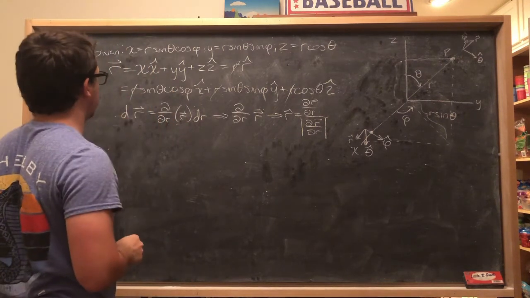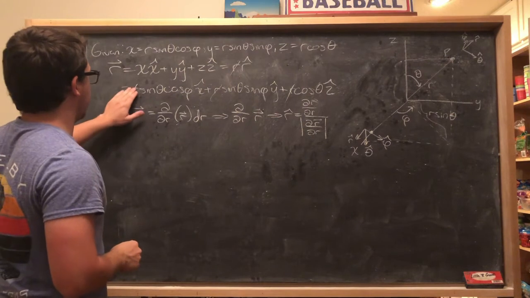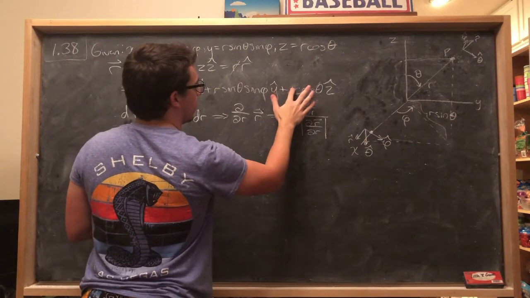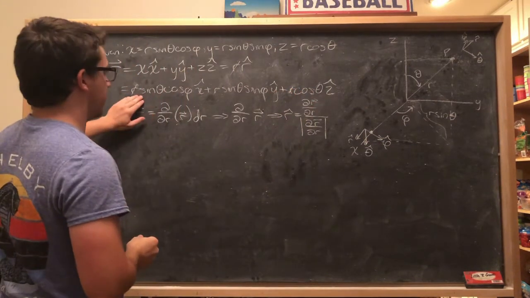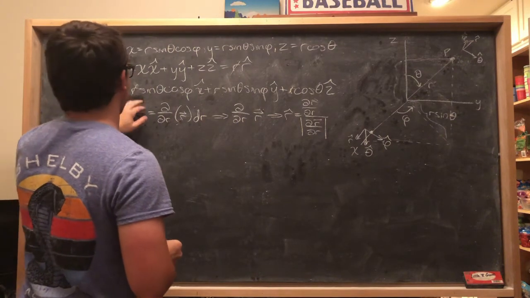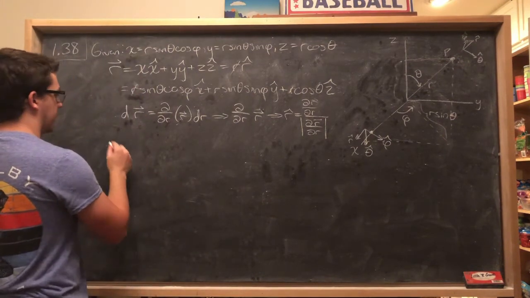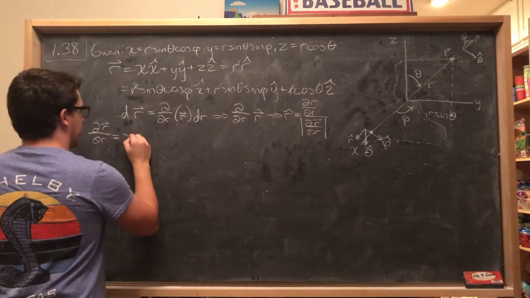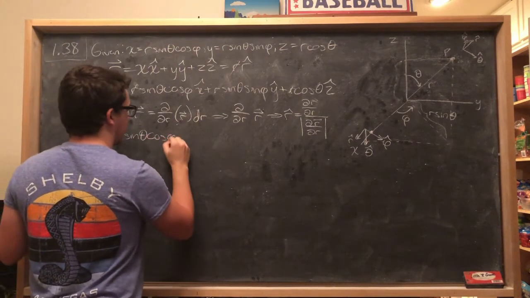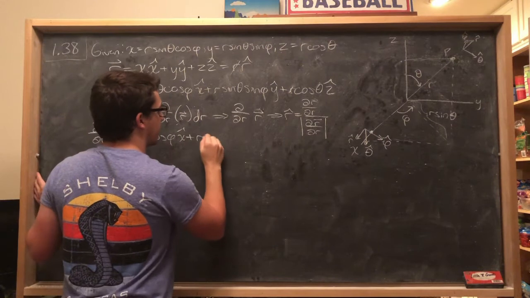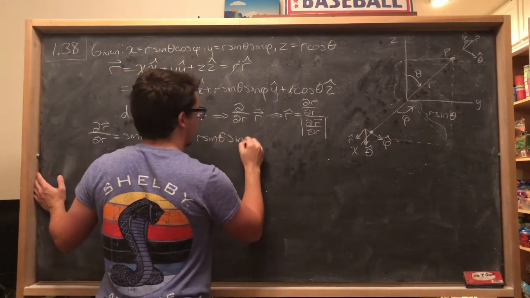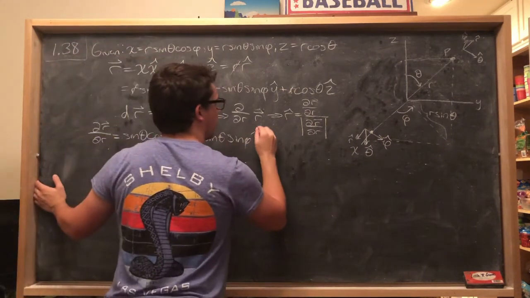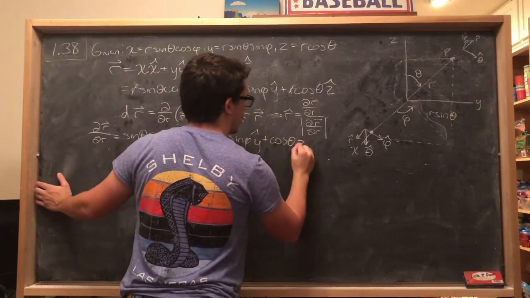Looking back, I'm going to erase these a little bit. So let's differentiate this with respect to r. It would become sine theta cosine phi x hat plus sine theta sine phi y hat plus cosine theta z hat.